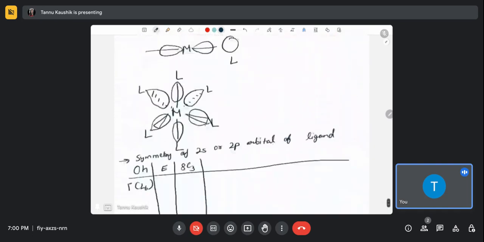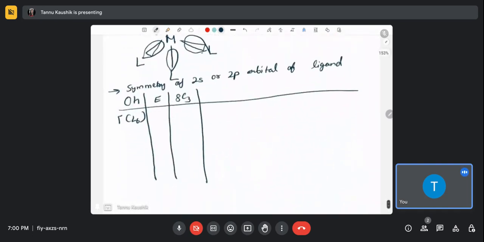So here you will have to find out the reducible representation: how many of these ligand atomic orbitals will change their position under each symmetry operation. I'm writing it directly because we have already practiced how to find the reducible representation for these kinds of bases.